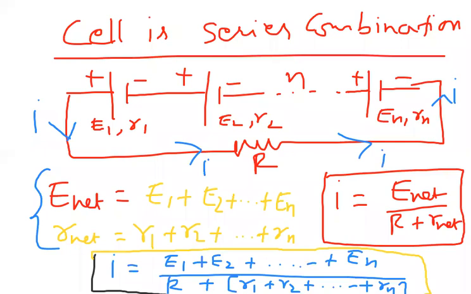So this is a series combination. Remember, series means negative connected to positive, negative connected to positive, again negative connected to positive. Such a combination is called a series combination. These are non-identical cells. Suppose I am taking identical cells in series. What do you mean by identical cells?